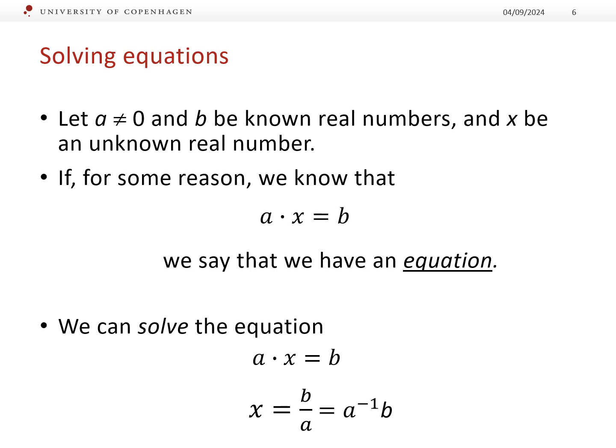If for some reason we know that A times X equals B, we say that we have an equation, which is exactly our situation here. We can solve the equation by saying if A times X equals B, we find the value of X by dividing B by A, which is the same as doing A to the power of minus 1 times B.